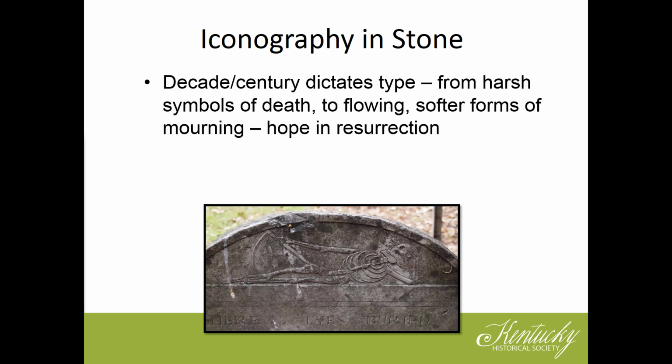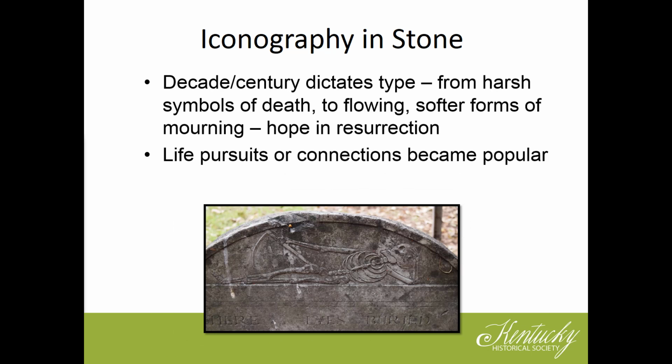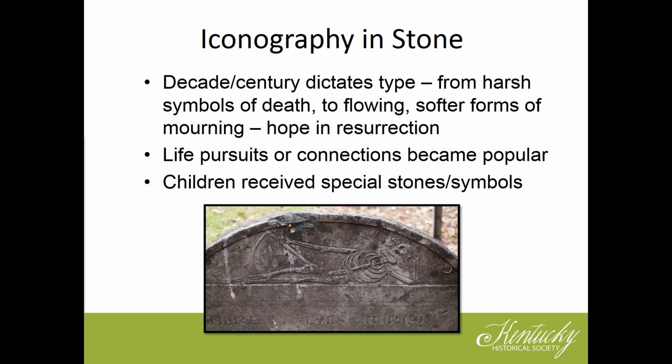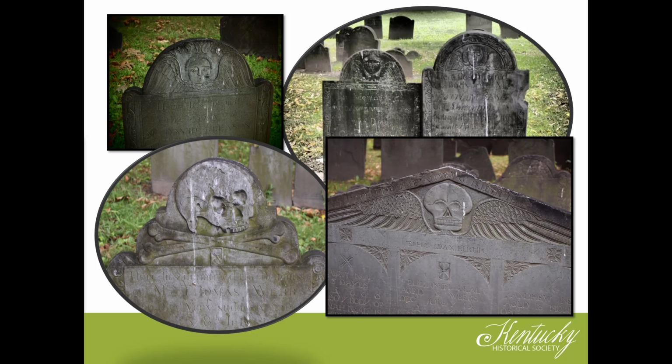And then we transition a little bit into more angelic type images, which is a little more flowing, softer forms of mourning, which then convey the hope and resurrection. Life pursuits or connections begin to become popular. Children receive special stones and symbols, so be on the lookout for that.